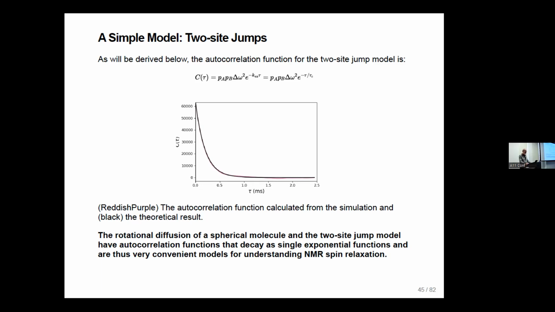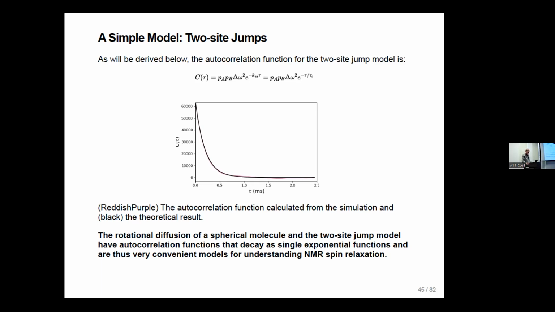It's the variance. So the variance for a two-site hop between two frequencies is PAPB delta omega squared. In statistics, what's the symbol for variance? Just in a statistics book, what's the symbol for variance?